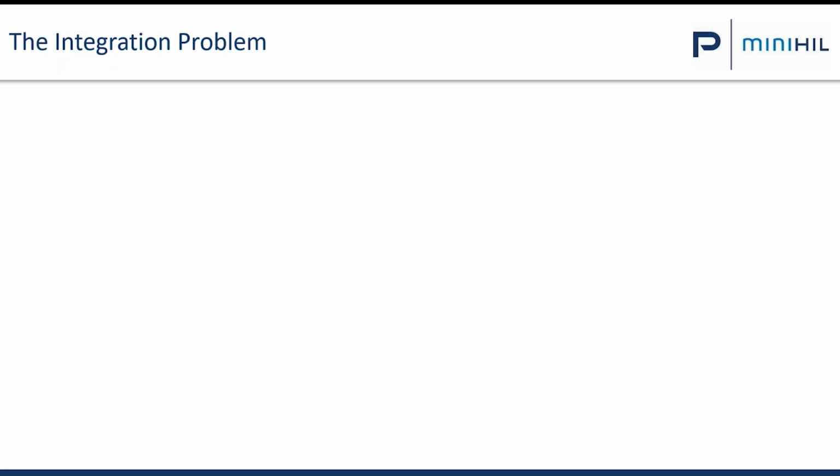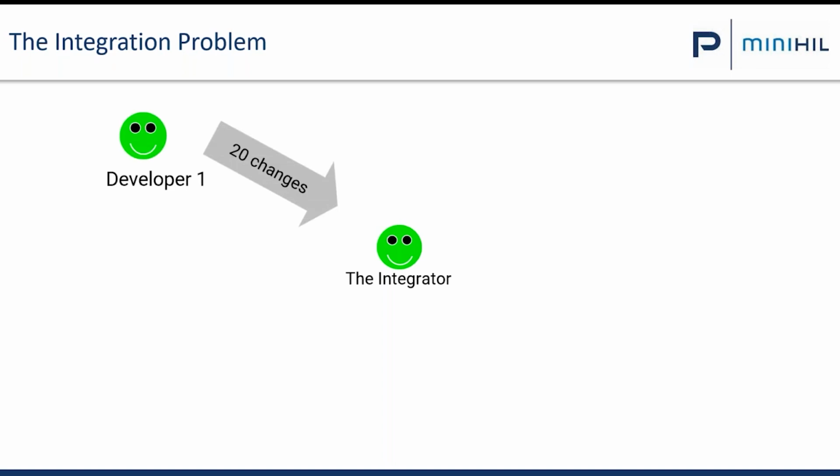Let's have a look at the integration problem to explain why continuous integration is such a good idea. Let's imagine you have an integrator. This can be a person, or a team, or a role in your company. Somebody has to integrate all the software and hardware components and so on that are developed. So the first developer commits 20 changes.